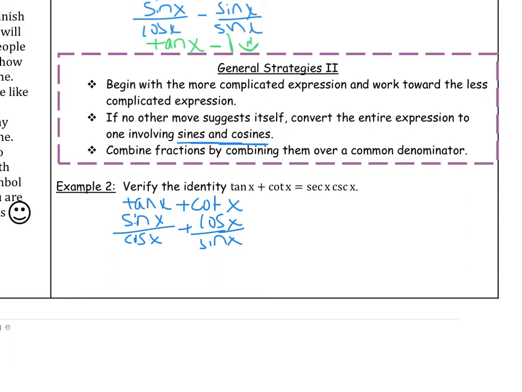So these denominators are different, so I'm going to multiply both of these fractions so that I have a common denominator. I'm going to multiply the first fraction by the sine of x over the sine of x.